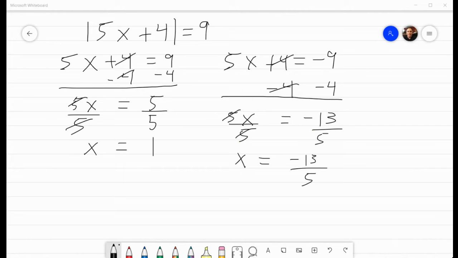Some people will write the solution set this way. I'm pretty sure Lumen does not do this, but I could be wrong. You have the curly braces, and then they'll write 1, comma, negative 13 over 5.